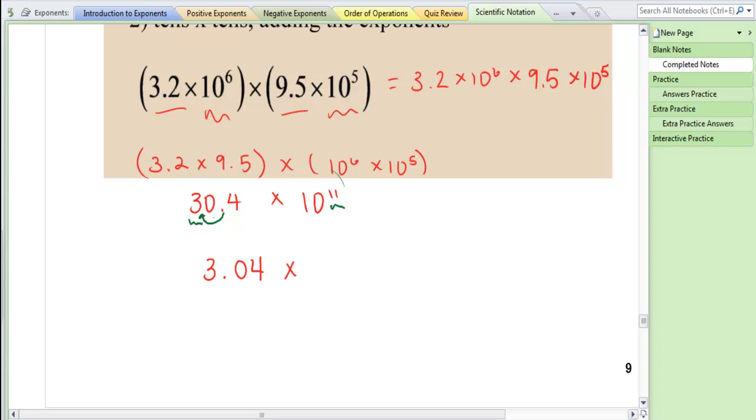So 30.4 times 10 to the 11th is going to move our decimal 11 places out from 30.4. Now we want it to move 11 places, but we have another place it needs to move. So not just 11 places here, but one more place here. It's going to give us 12. So that's going to be times 10 to the 12th.